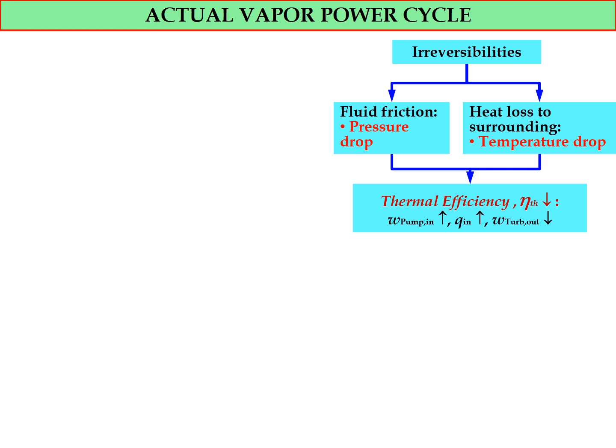Similarly, the amount of heat addition that we need to supply during the heat addition process will also be increased. However, the amount of W out produced by the turbine during the expansion process will be reduced. So this effect will reduce the overall efficiency of the steam power plant.